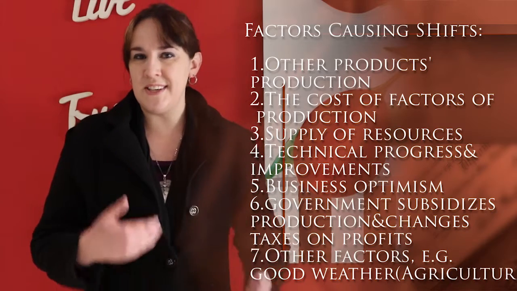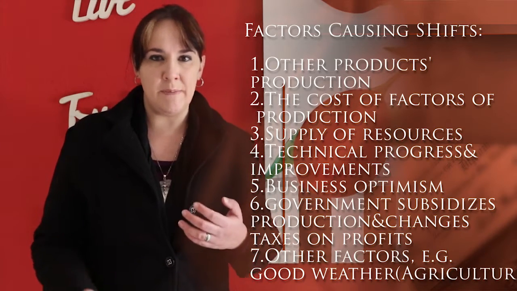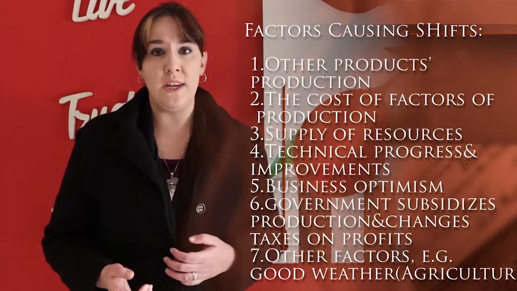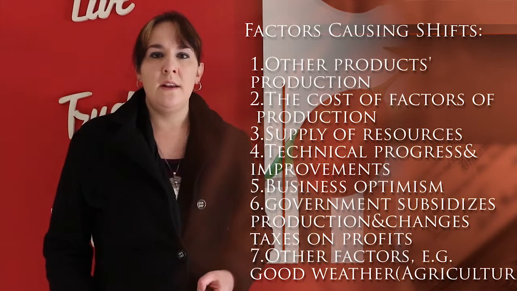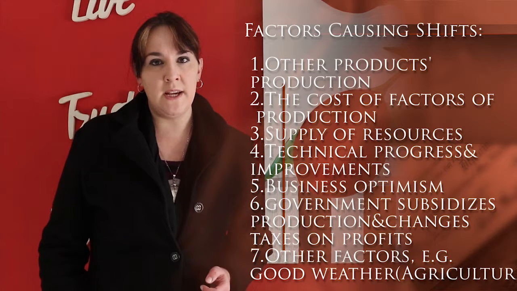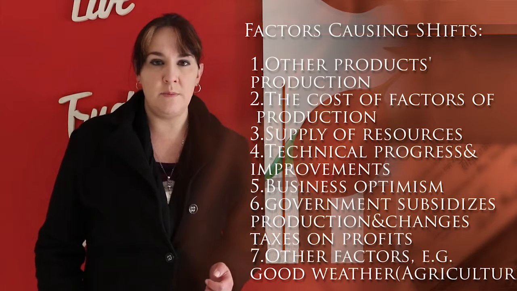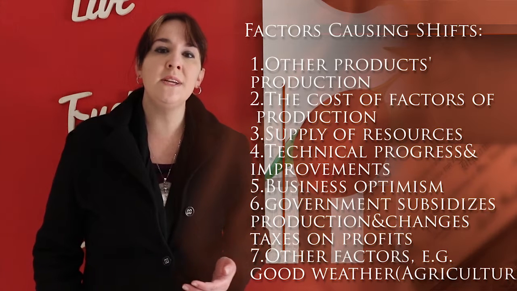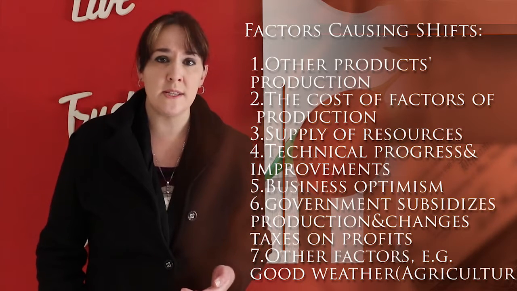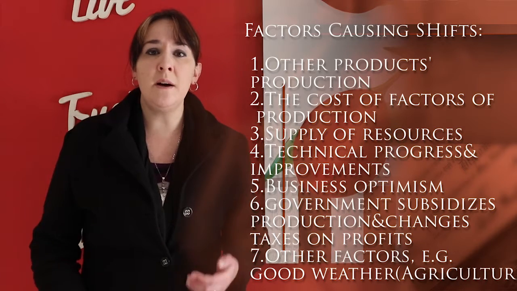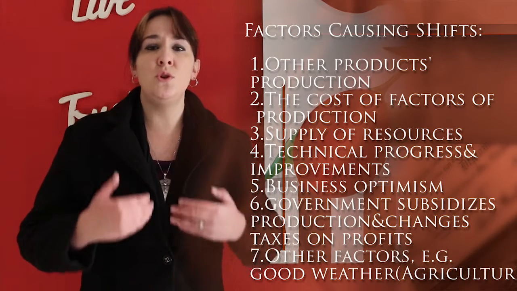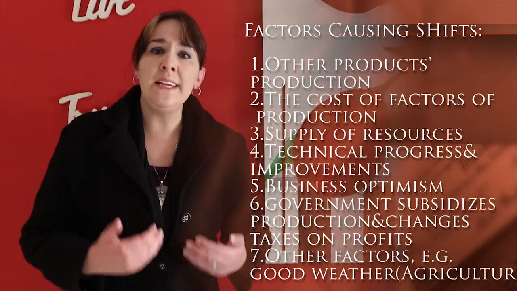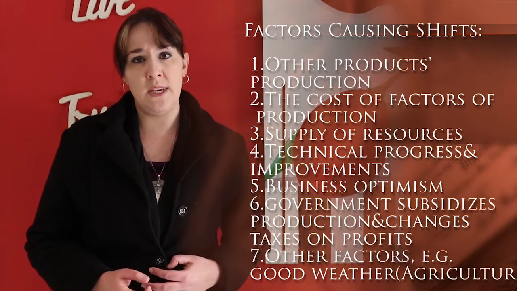If your technology is out of date and you're not keeping up, your supply could eventually start to decrease as well. Then good old government also plays its part in the supply. If, for example, company taxes had to increase, it will mean that the company has less money to reinvest back into the business, meaning it could lead to their supply decreasing.